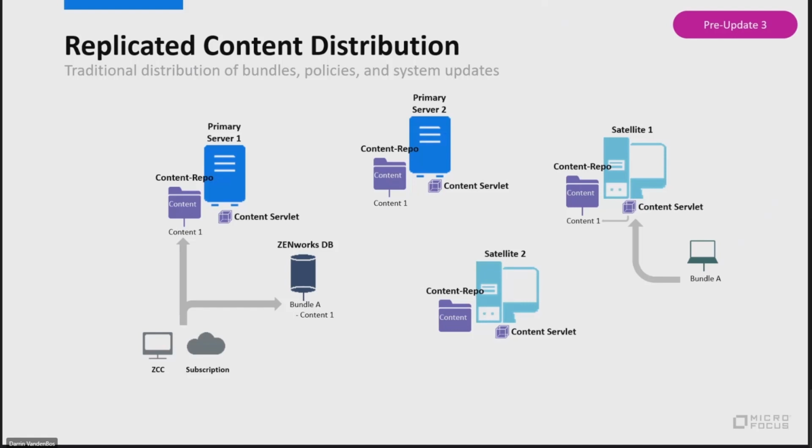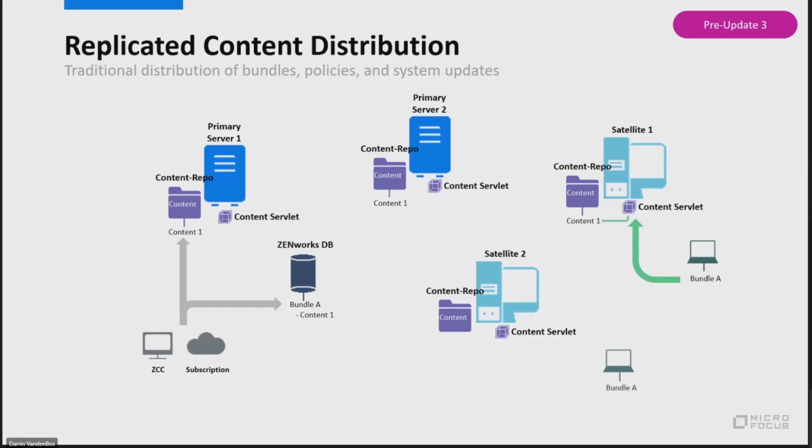In this case, we're just going to have satellite 1 as the only content server in its list, but it goes to satellite 1 and looks for the content for bundle A, which is content 1. It's there, so it's able to install just fine.